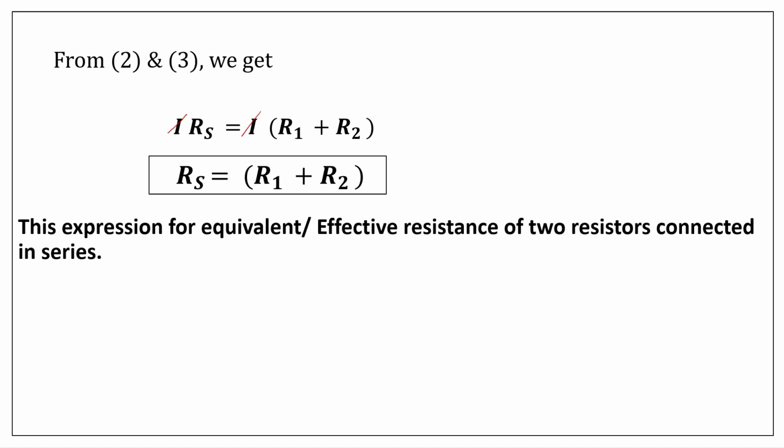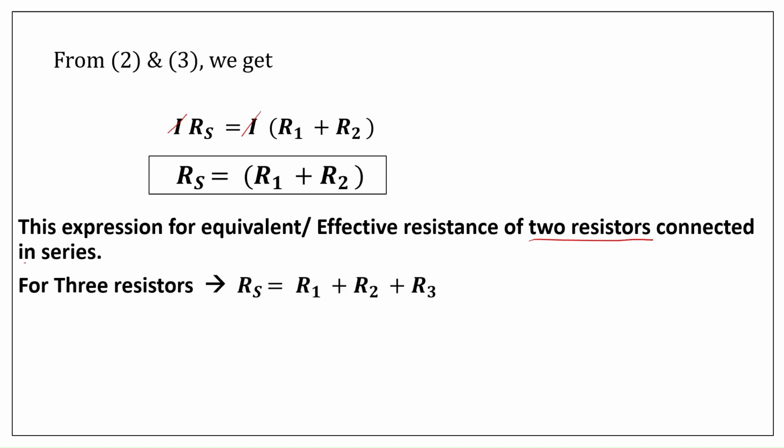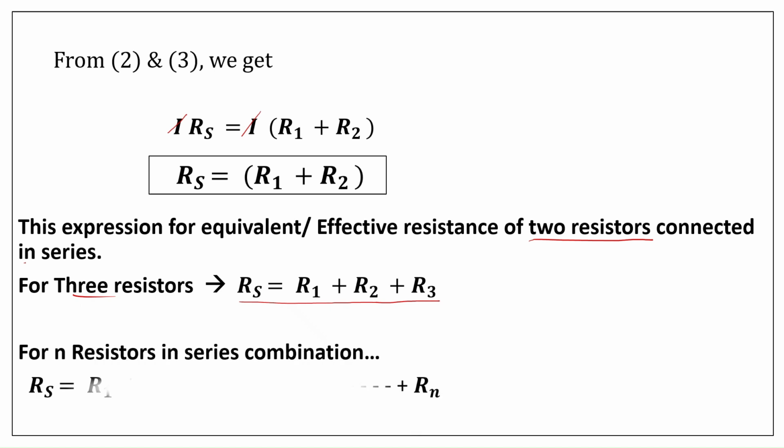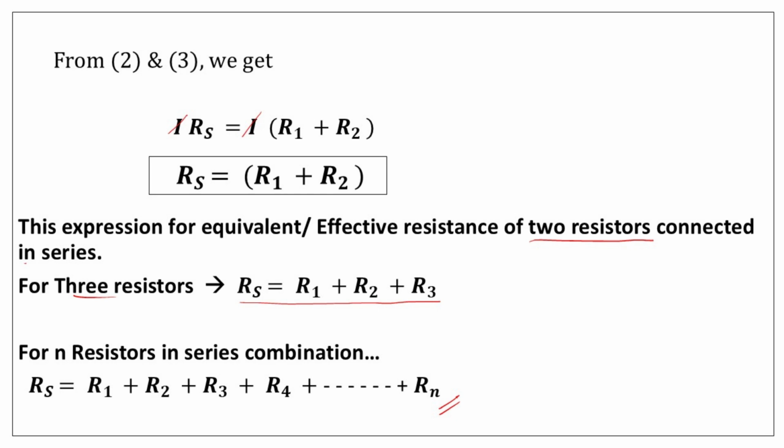This is the expression for equivalent or effective resistance of two resistors connected in series. For three resistors connected in series, Rs is equal to R1 plus R2 plus R3. For n resistors in series combination, it is given by Rs is equal to R1 plus R2 plus R3 plus R4 and so on, up to Rn.